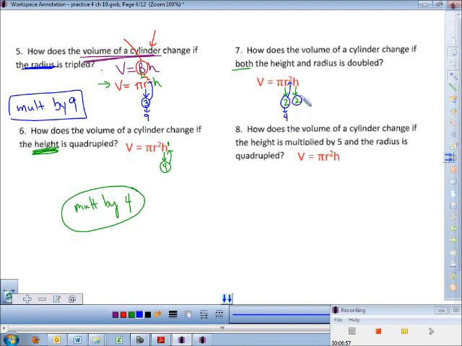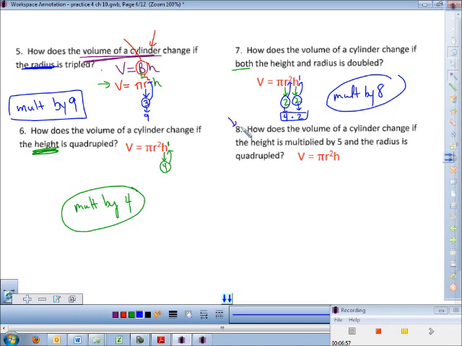I got to take this 2, raise it to whatever power h is being raised to. 2 to the first power is 2, and then cha-ching, the operation going on between them is multiplication. So multiplied by 8 is what really ended up happening. If the height and the radius were doubled, the volume of a cylinder would change by being multiplied by 8.